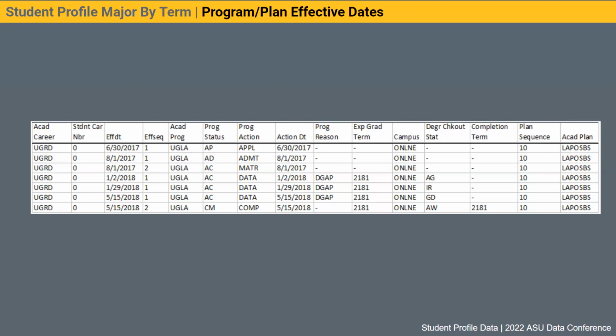The key fields, and this is for one student, so pretend you could see the student's ID number on here. You have the career and the career number, then you have the effective date and the effective sequence. So when we're saying what was the student's major and campus and plan and all that as of each term, we're looking at the effective date, which is the third column on the left.